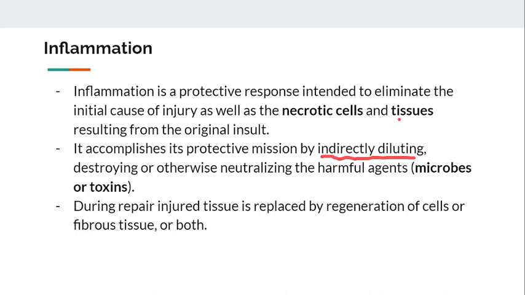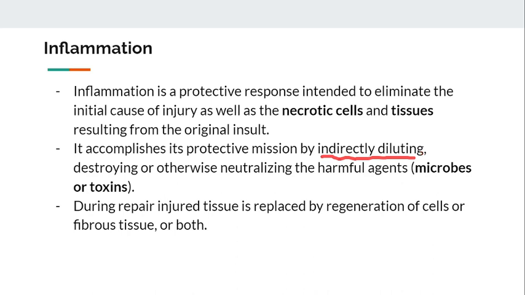So you're going to come across a question asking you, does inflammation indirectly or directly dilute toxins? Please, inflammation does not directly dilute toxins. It's an indirect process. Due to inflammation, there's dilution of toxins.